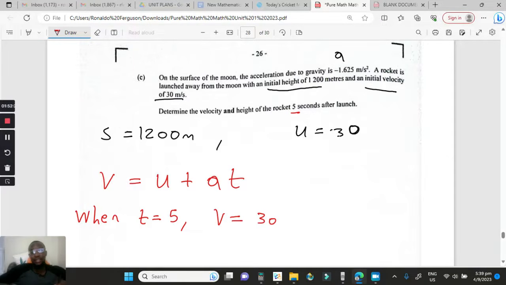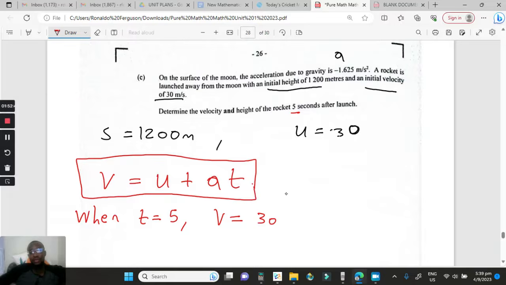This is a formula, by the way. If you do physics, you would know. If you do add math, you would know. V is equal to u plus at. It's easy to remember, and if you do applied math, you'll remember as well. So 30 plus negative 1.625, and then the time is 5 seconds.